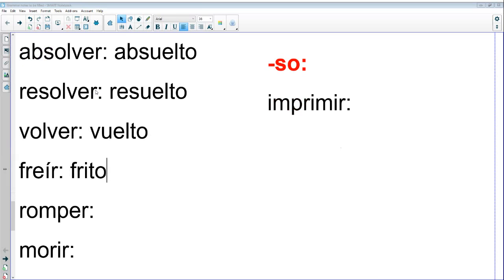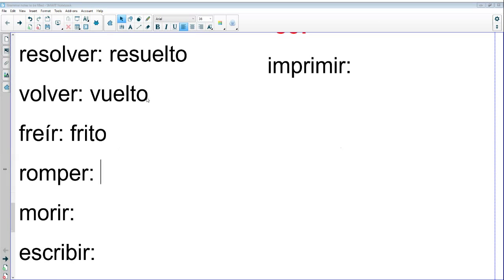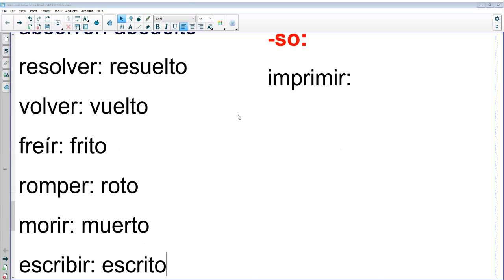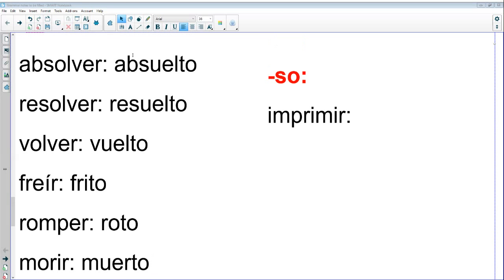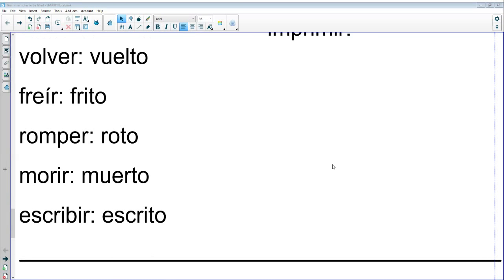And just a couple more of these. Romper is roto. Morir, muerto. And escribir, escrito. Okay, those are our to irregular past participles. Absuelto, resuelto, vuelto, roto, frito, muerto, y escrito.